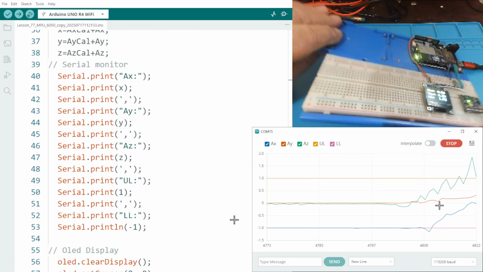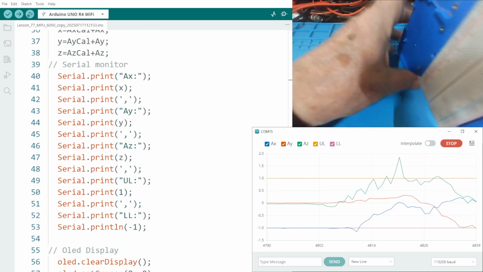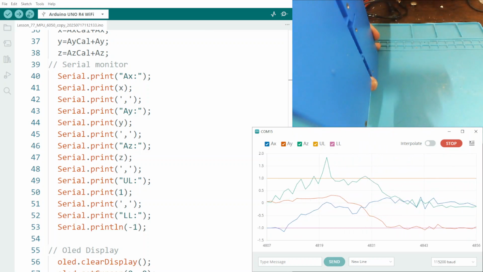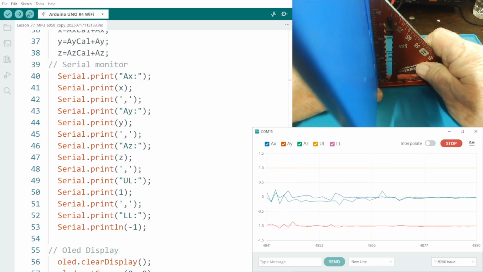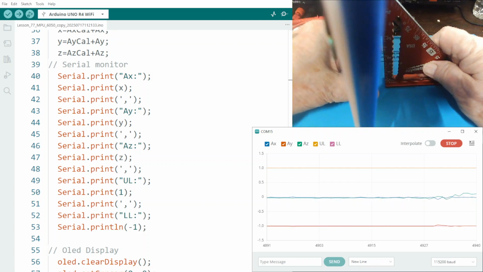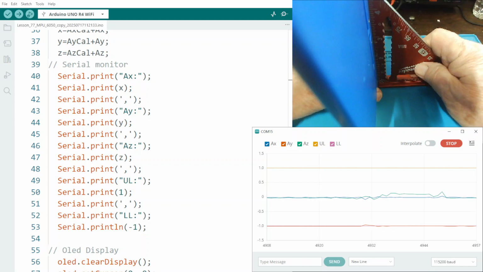Now if I go up this direction, try to keep everything level and straight, you can have the, what color is that? Orange. Okay, so the AY is -1, and the Z and the X are 0.